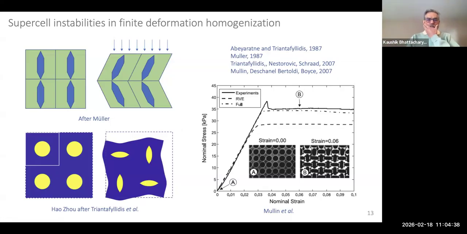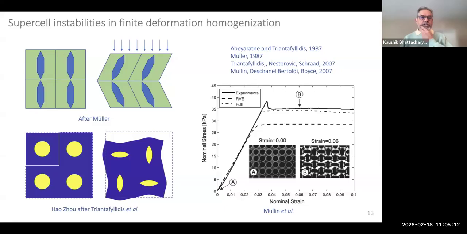Okay. So one question I can ask is the following. Suppose I look at any one of these microstructures, right? If it were linear elastic, I could study homogenization and use this unit cell. If I have large deformation, I might have these kind of period doubling and other instabilities.